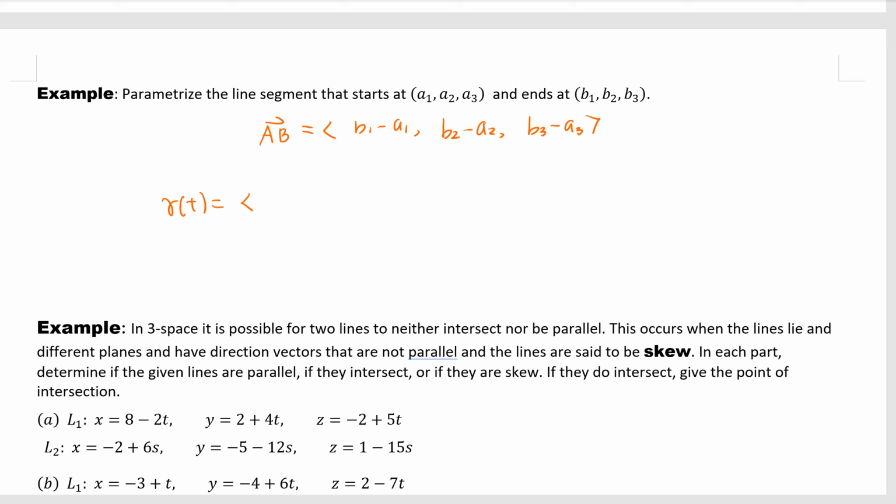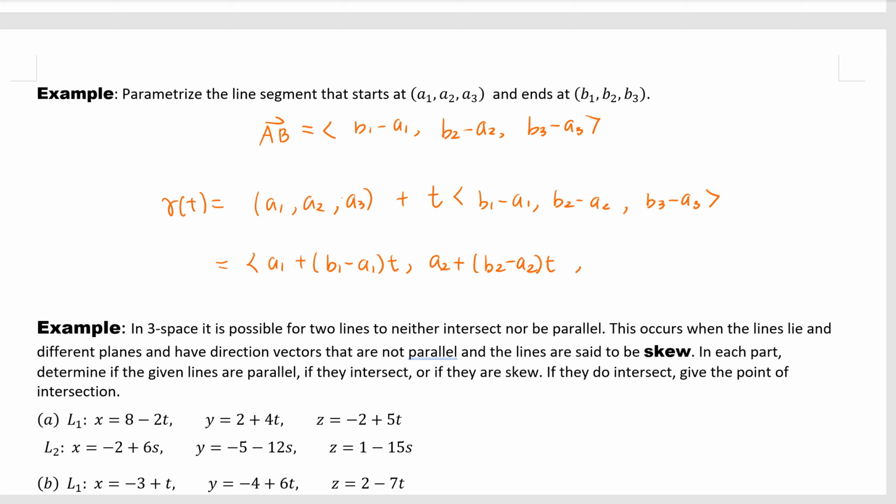So gamma of t is our first point (A1, A2, A3) plus t times our vector. That equals (A1 plus (B1 minus A1)t, A2 plus (B2 minus A2)t, A3 plus (B3 minus A3)t). So far, so good, everybody.